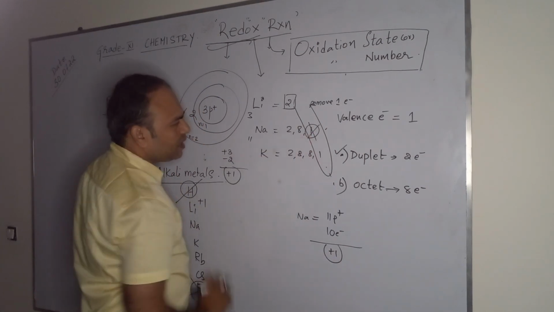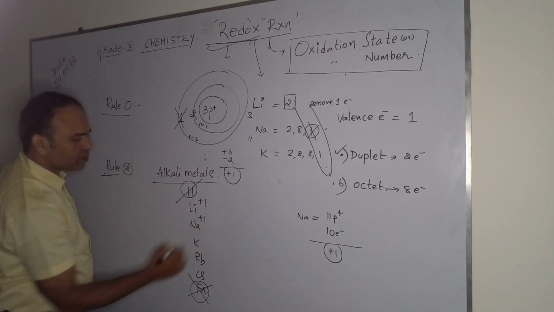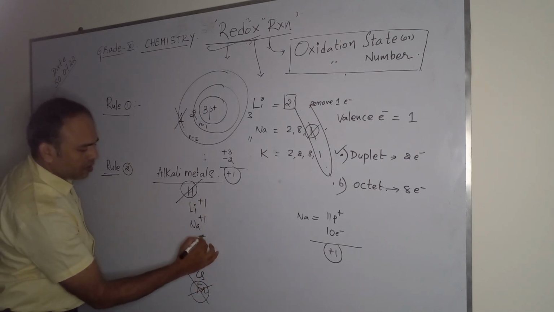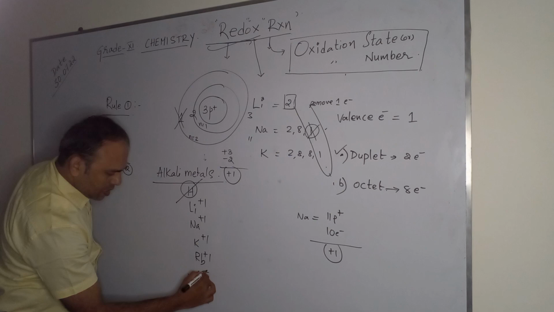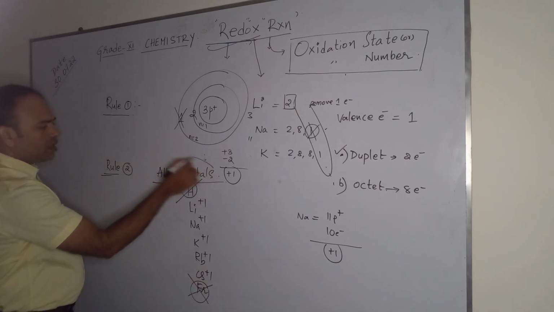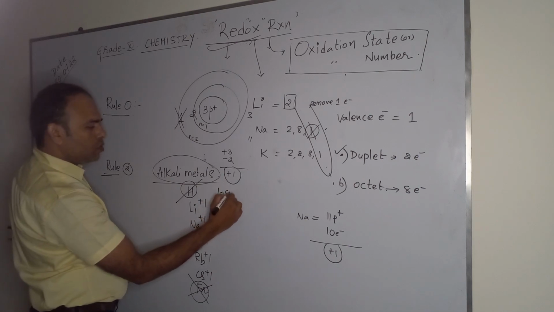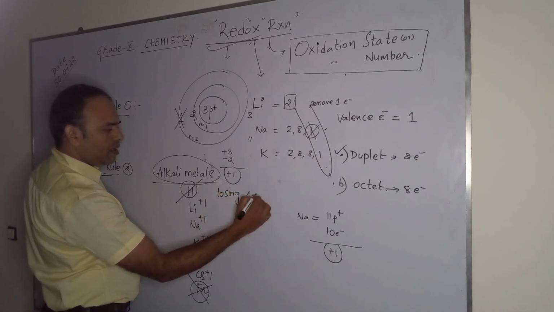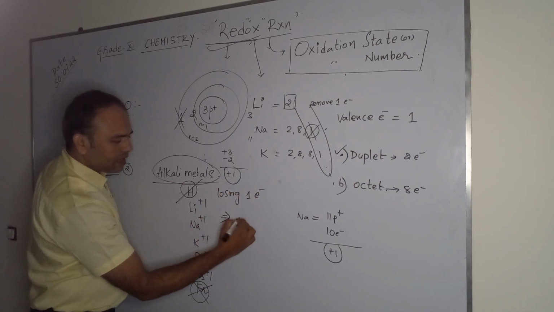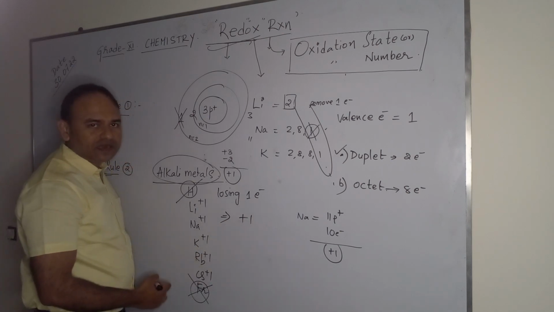So applying that, what can I write? Sodium +1. Keeping this, I will get a similar thing. That means all the alkali metals, after losing 1 electron, get which charge? +1 charge.